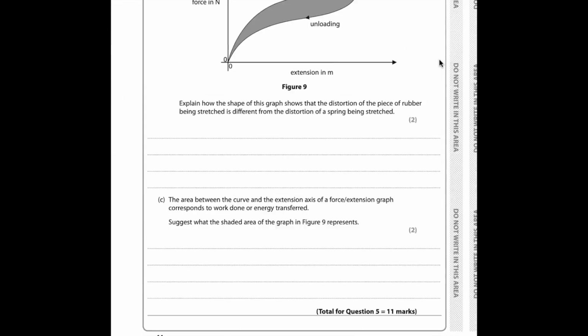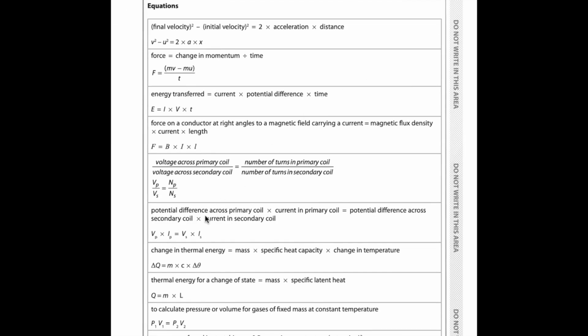Use an equation selected from the list of equations at the end of this paper. So we're looking for something that's got mass, M, Q, C, and the change in temperature, delta theta. Right, so it's this one that we want. Change in thermal energy equals mass times specific heat capacity times change in temperature.